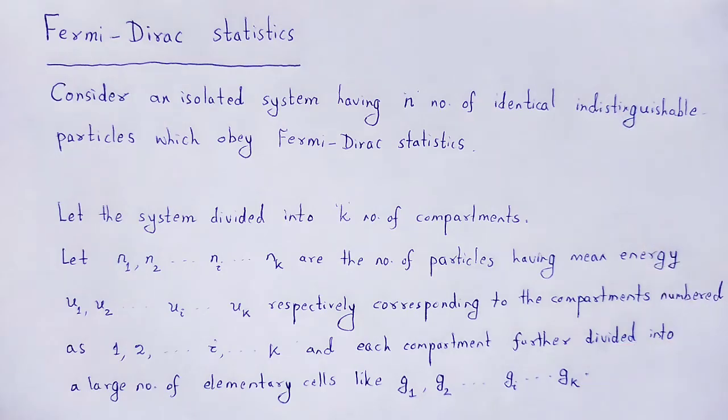Some basic properties of fermions we know: the particles having spin, which is intrinsic angular momentum.